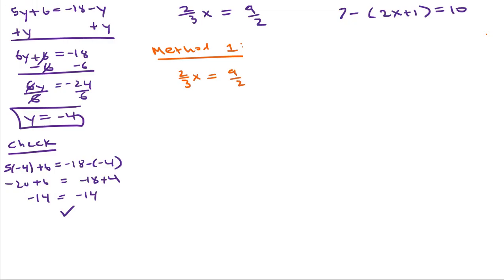Some of you might say, okay, I have 2/3 here, I can just multiply by the reciprocal. So I'm going to multiply by 3 over 2 on both sides. Then these will cancel and you're just left with x is equal to, and remember when you multiply fractions, you multiply across, 9 times 3 is going to give us 27, and 2 times 2 will give us 4. Okay, so there's one way to do it.